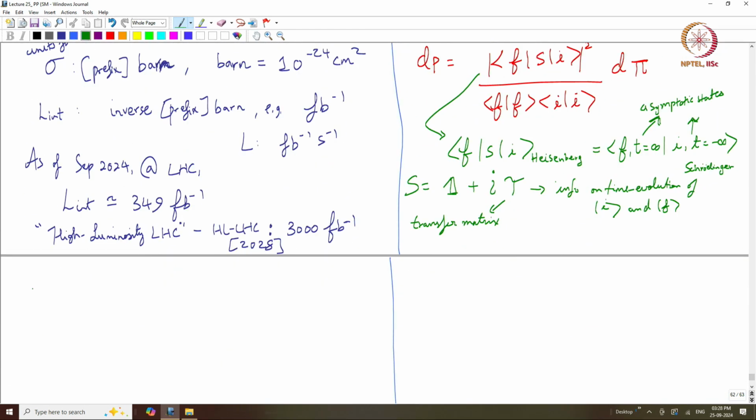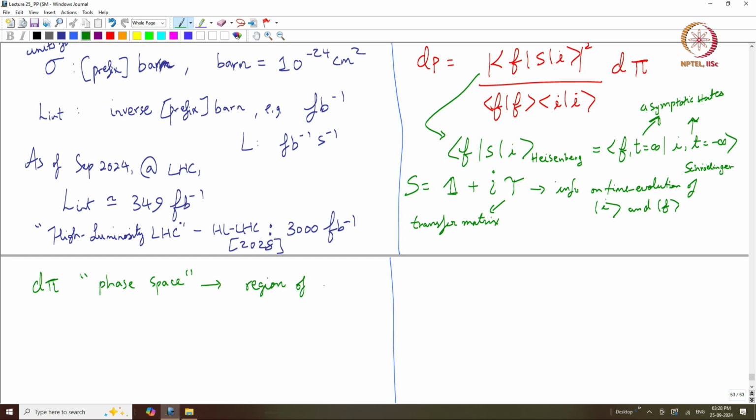The d pi is colloquially called the phase space. That is nothing but, see, the final state can span some range of momenta, right.